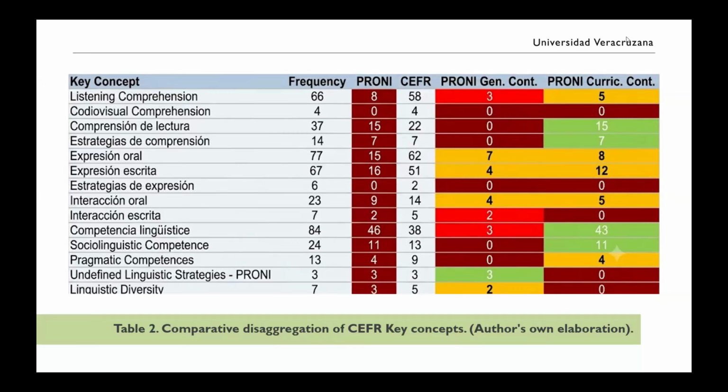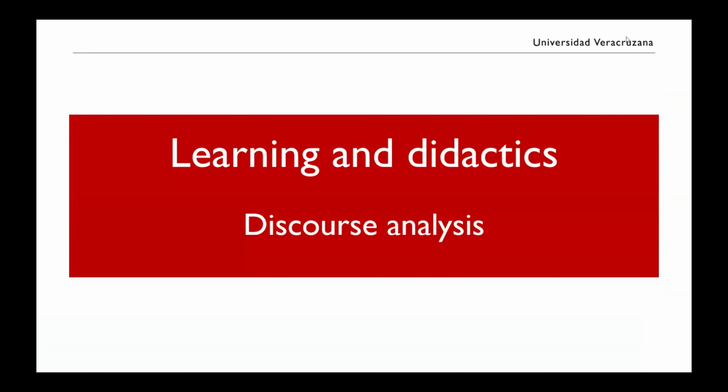So this starts explaining that at a content level, there is an operationalization of the principles of the European framework. We can affirm this because in the curricular contents, which explain all the activities in class, we have a larger number of mentions of all these aspects. And the same happens with learning and didactics.